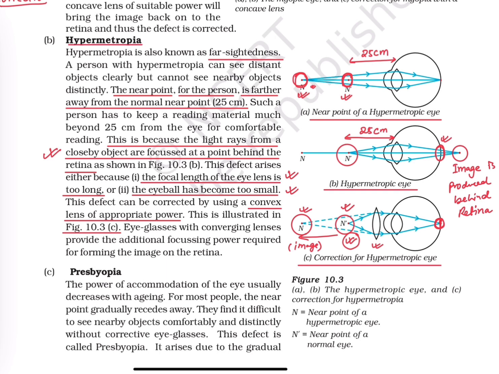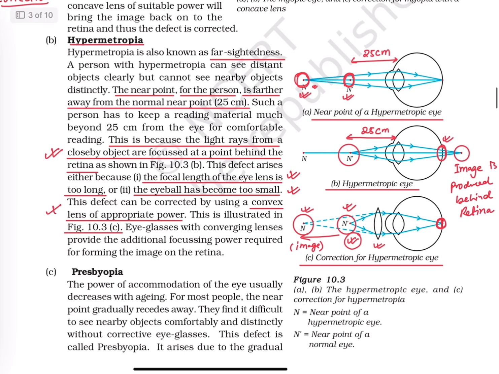Okay, so the conclusion based on the numerical and the theory is that we require a convex lens for correction of hypermetropic vision. Second point is that the defect arises due to focal length of eye lens getting too long, or the eyeball has become too small.